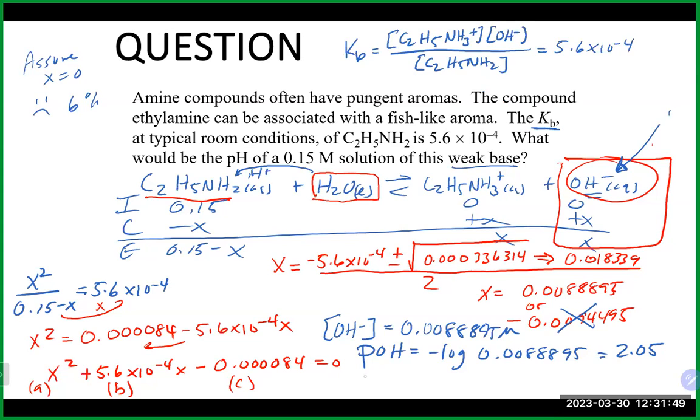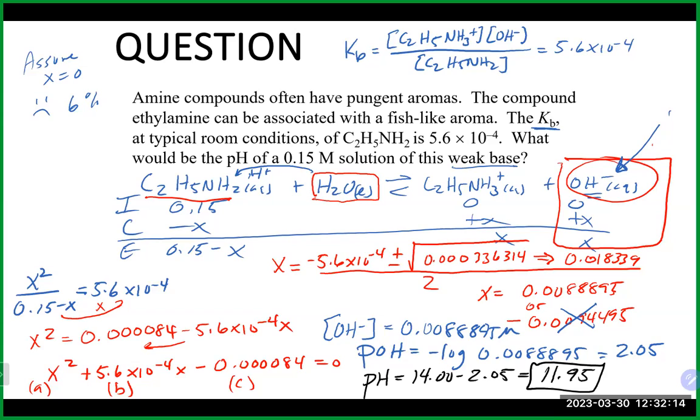You want to make sure things make sense. So we do want to get to the pH here, and that would be our 14 minus our 2.05. And that's going to give us a pH, which will make sense in this case, of 11.95, which is definitely a basic pH, which is, again, what you would probably hope for there with a weak base, right? It's not giving you an acidic pH, yeah.